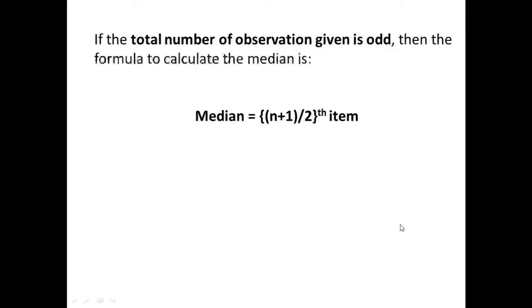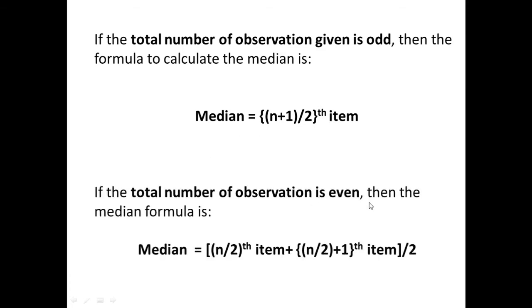How to find a median? After arranging the data points in ascending or descending order, if the total number of observations is odd, then the formula to calculate the median is as follows. Or if the total number of observations is even, then the median formula will be this.